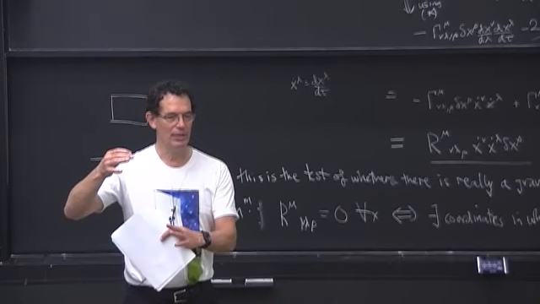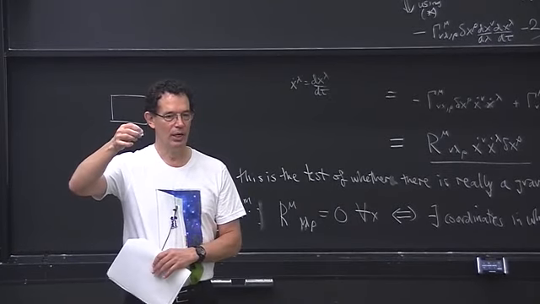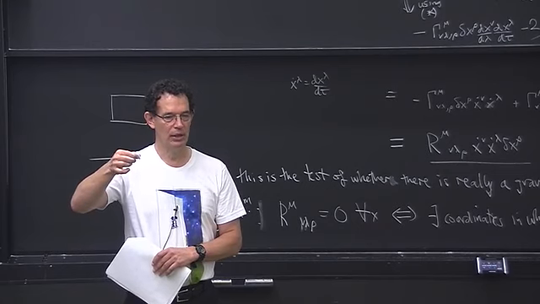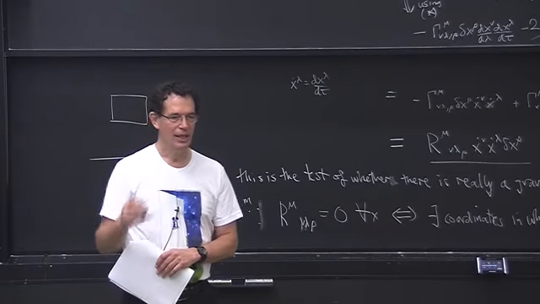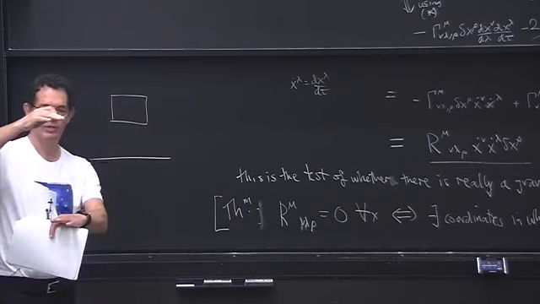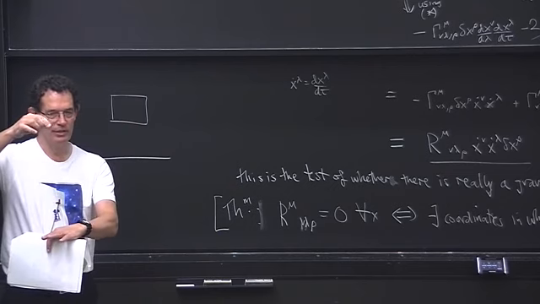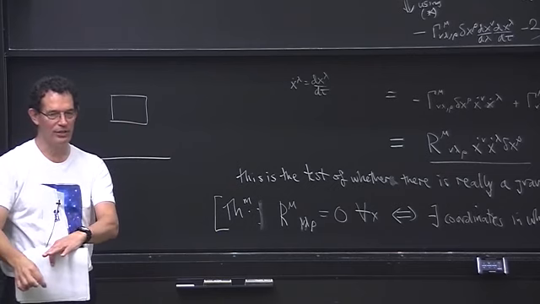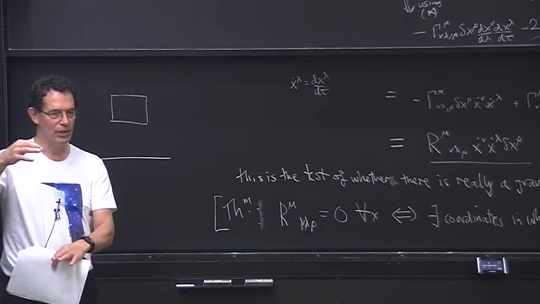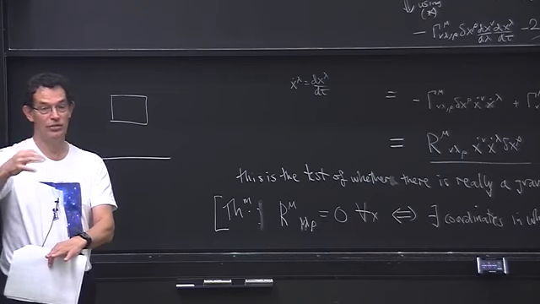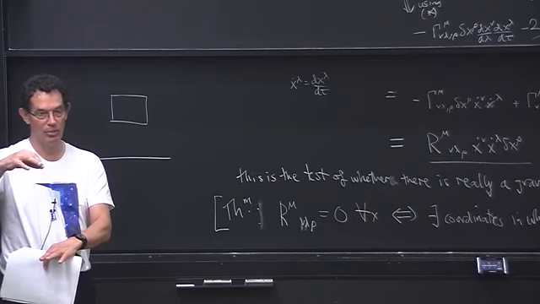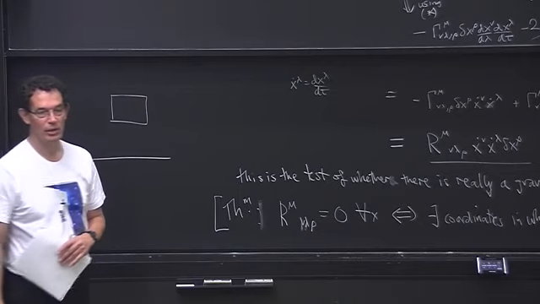If I pick coordinates in which the particle is at rest, and if the gravitational field is constant, so that the acceleration is constant, I can choose coordinates in which there's no gravitational force at all on the particle. That was the equivalence principle.